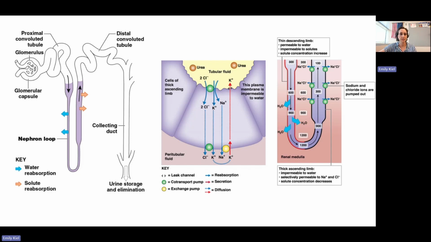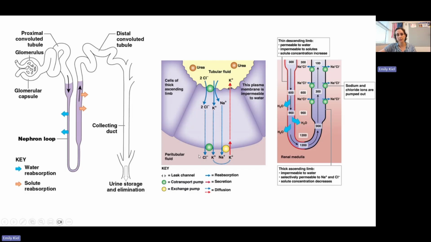What is really cool about this is by actively transporting out solutes, and you have to imagine there's tons of nephrons all around this one, we're going to keep that concentration gradient going so that we can have even more water diffuse out of that thin loop. So it is creating the concentration gradient that is going to reabsorb the water. And that's why you have this really unique shape, to allow this function of active reabsorption to permit this function of passive osmosis of water to occur.